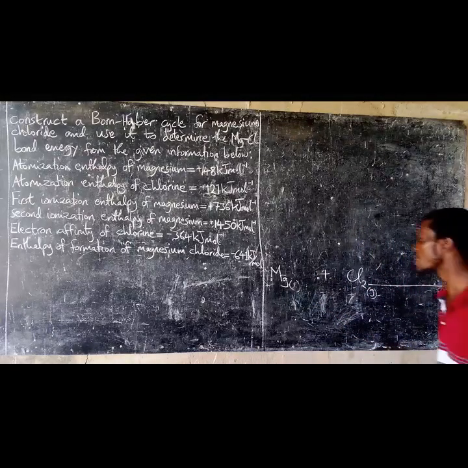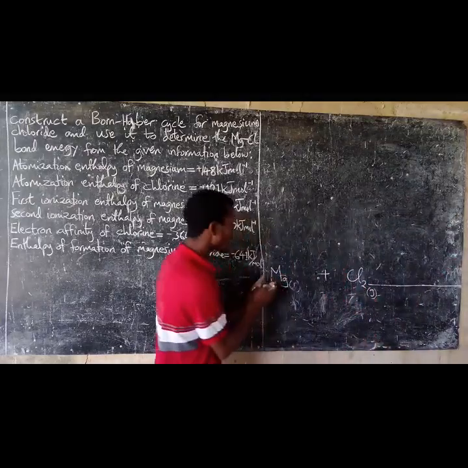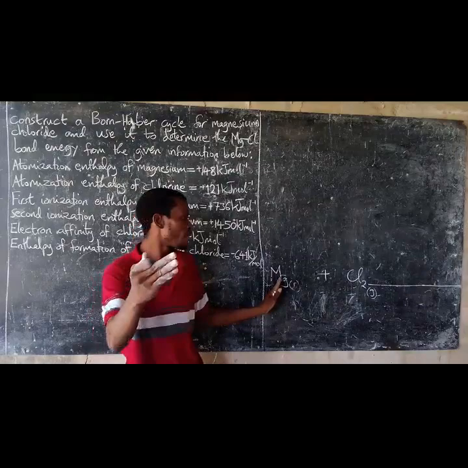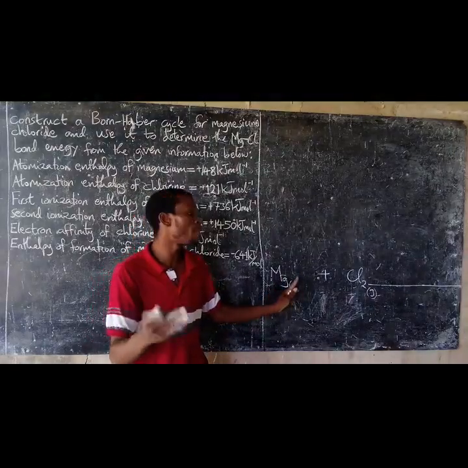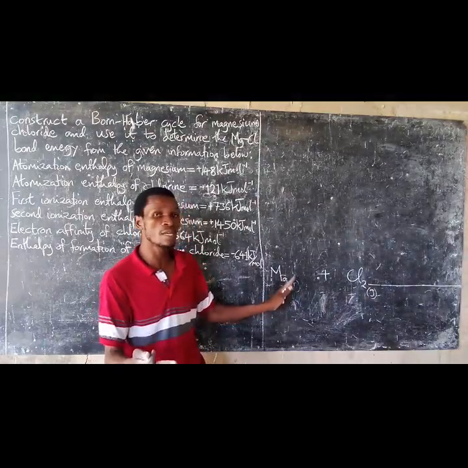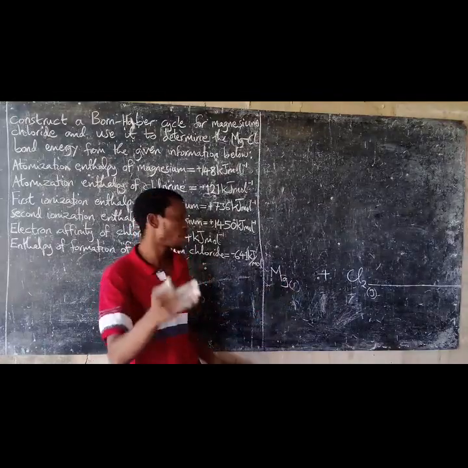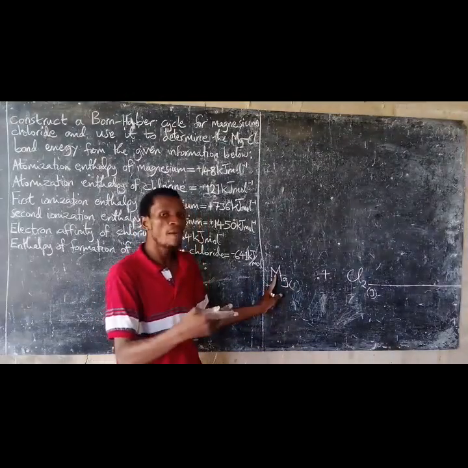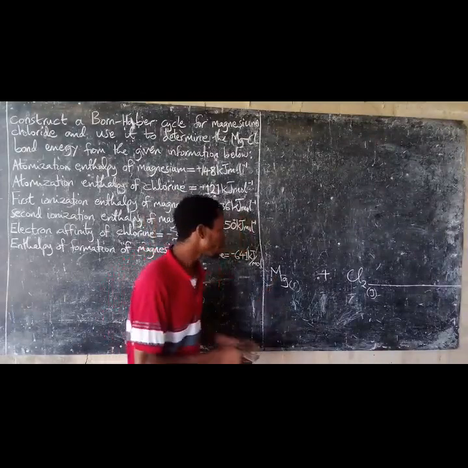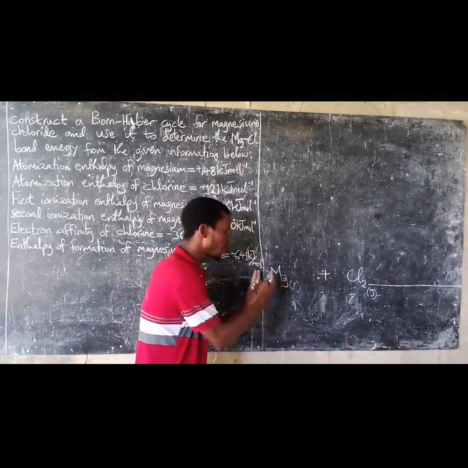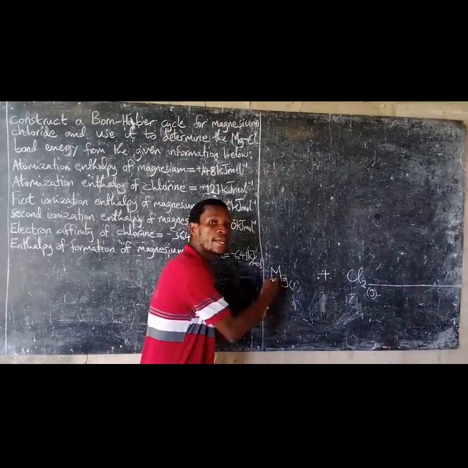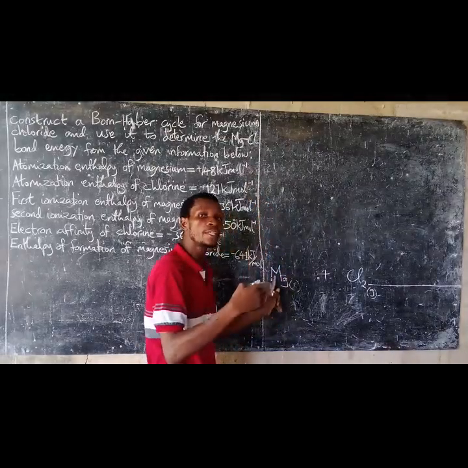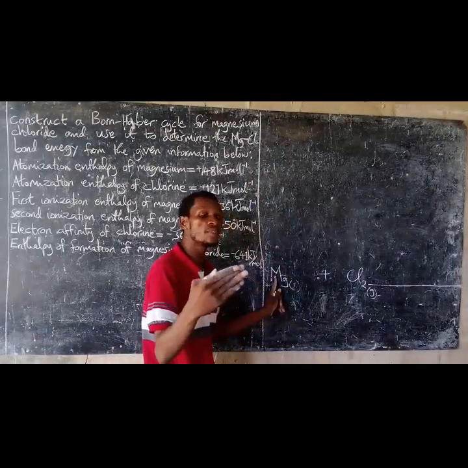So you are not allowed to write the product at the end of this horizontal straight line. These elements cannot react because they have a very low amount of heat of formation, which is 0. So in order for them to react, they have to absorb a series of heat energy from the environment. Let's start with the metallic element. We deal first with the metallic element until it has reached an extent to react.